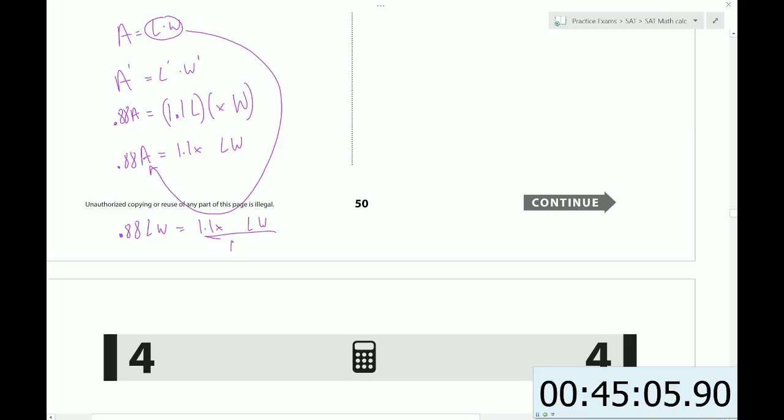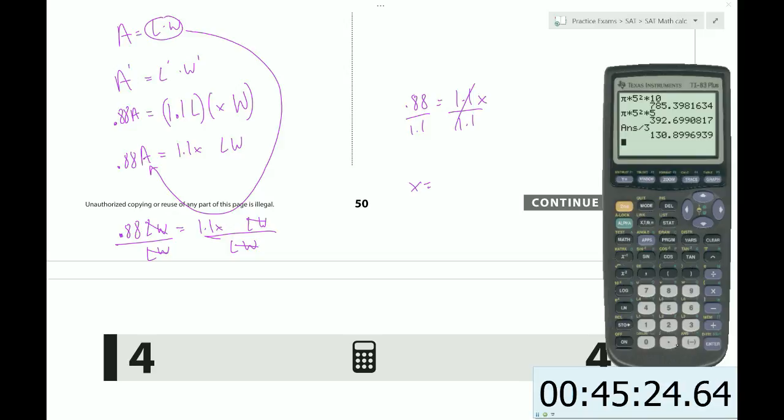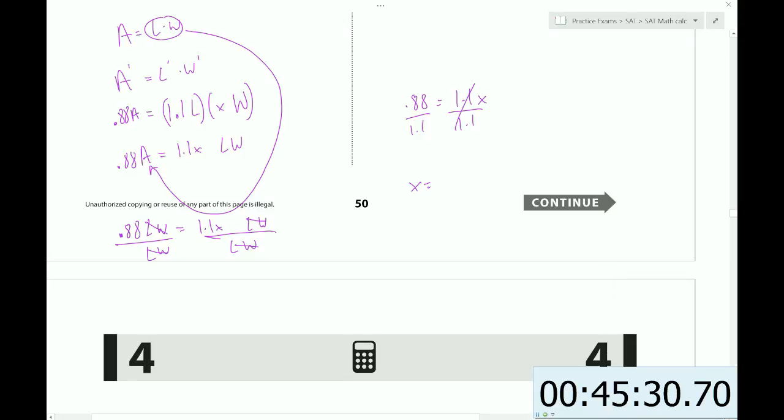Then we divide by LW on both sides in order to cancel it out. And we get 0.88 is equal to 1.1 times x. We divide by 1.1 on both sides, and that'll give us the value for x. So let's use the calculator. 0.88 divided by 1.1. And that gives us 0.8.